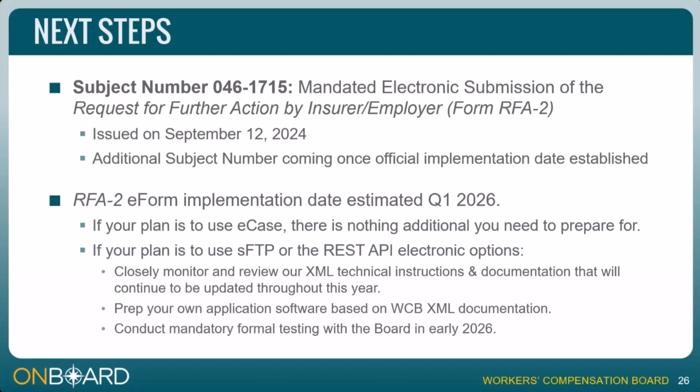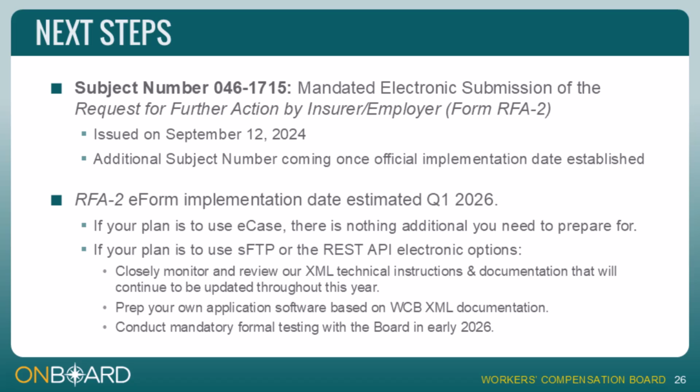The board will continue posting technical instructions and documentation and make stakeholders aware of these resources as they become available. Stakeholders can prepare for this mandate by deciding what submission option you will use, and if using API or sFTP, preparing your applications based on board documentation and working within test windows to validate the submissions.